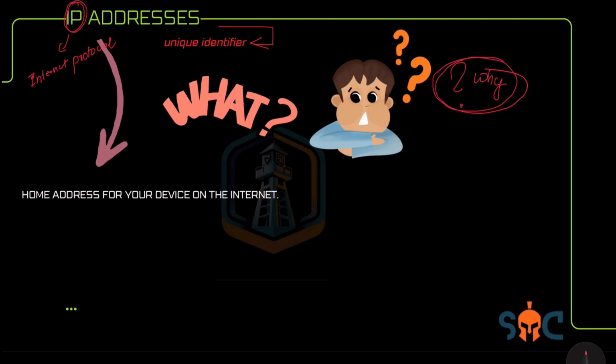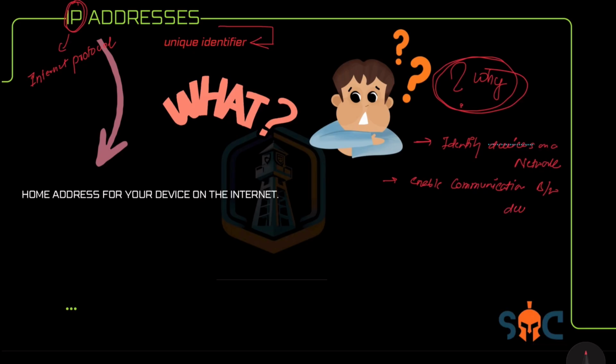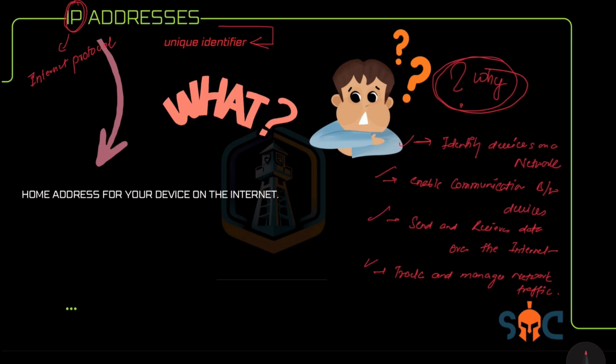We need IP addresses to identify devices on a network, enable communication between devices, send and receive data over the internet, and track and manage network traffic. So these are a few points why we actually need IP addresses.